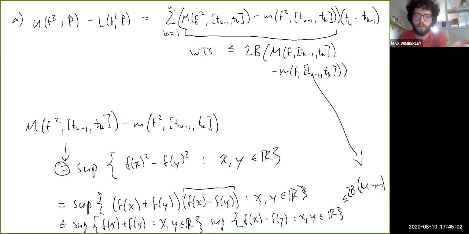You have to use that fact to justify why this is valid, because in theory it could be possible that there are values of x and y where, and also both of these two sets individually are symmetric about zero, which is also important.